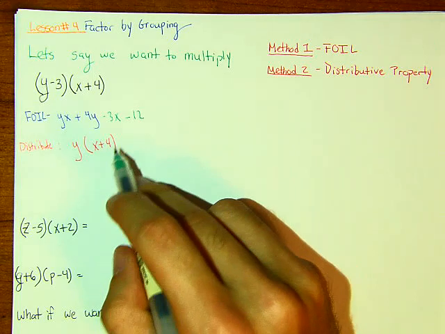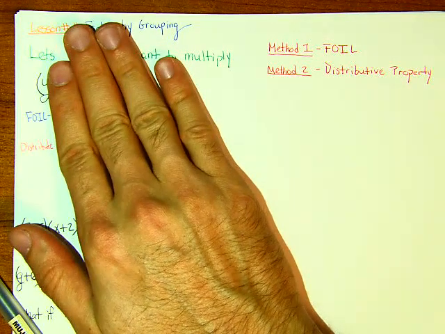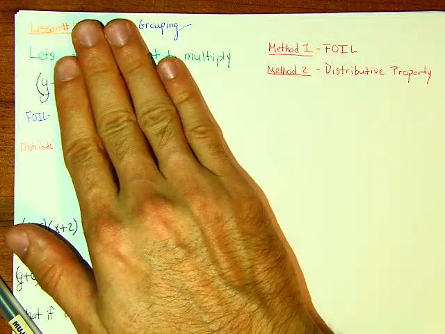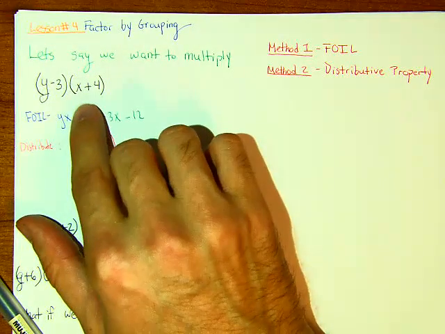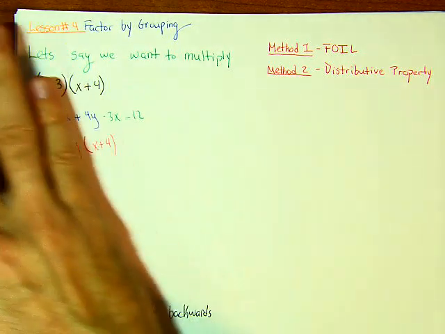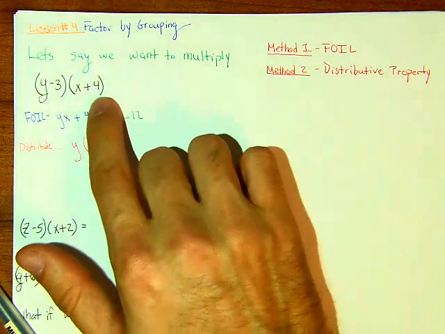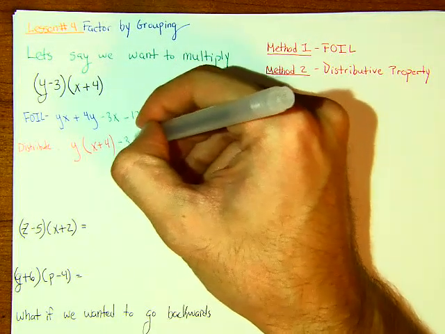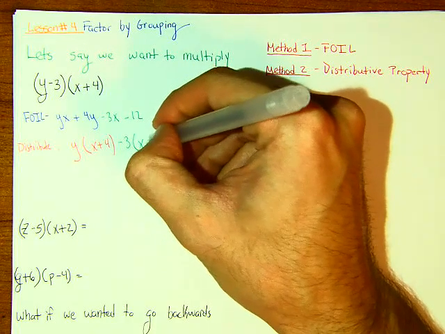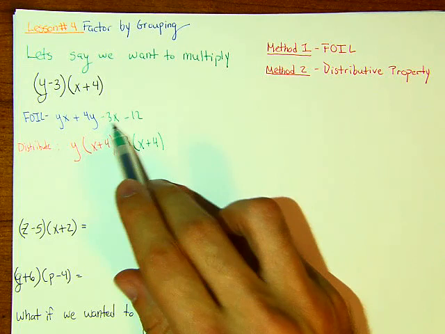Now let's jump back to distributive. Originally, we took that y and multiplied it by (x plus 4). Now, what do you think you're going to do? You're going to take that minus 3 and multiply it by (x plus 4). And notice that it'll be the same, because we need to get minus 3x minus 12.